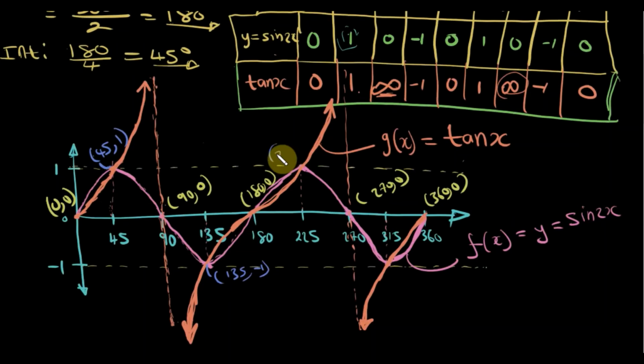It also has a maximum turning point again at 225, where the amplitude is 1, and another minimum turning point at 315, where y is -1.